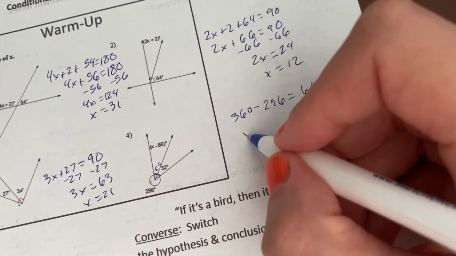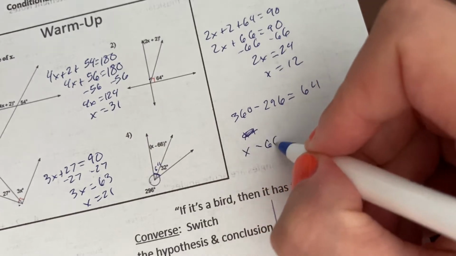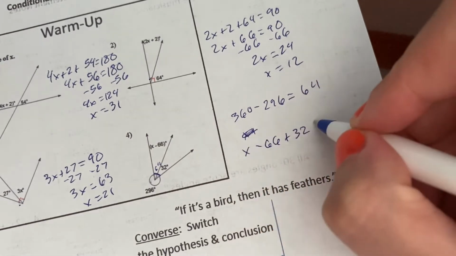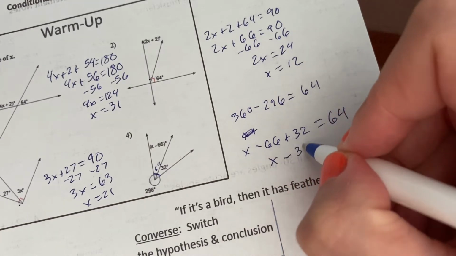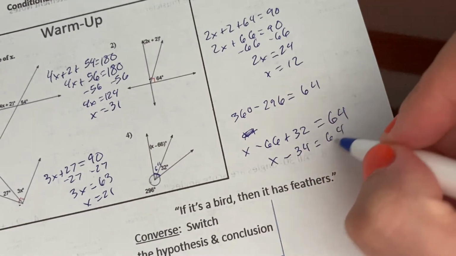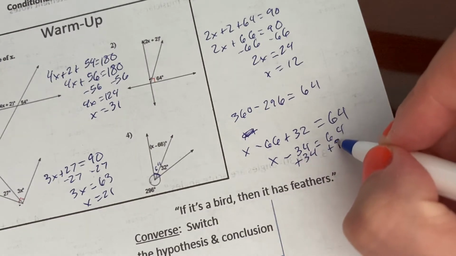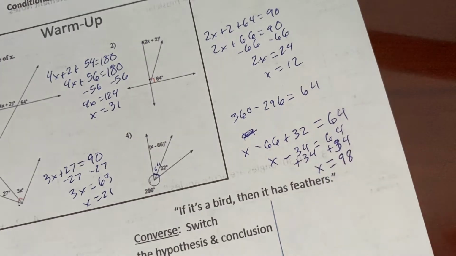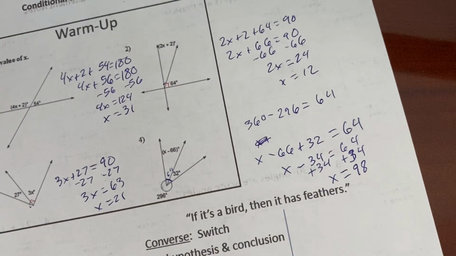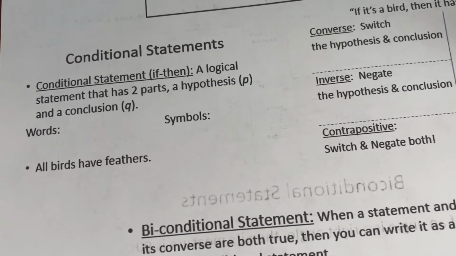So we add these two, we add x minus 66 plus 32 is equal to 64. Combine like terms. Add 34 on both sides. So we get x is equal to 98. All right, so let's keep going.